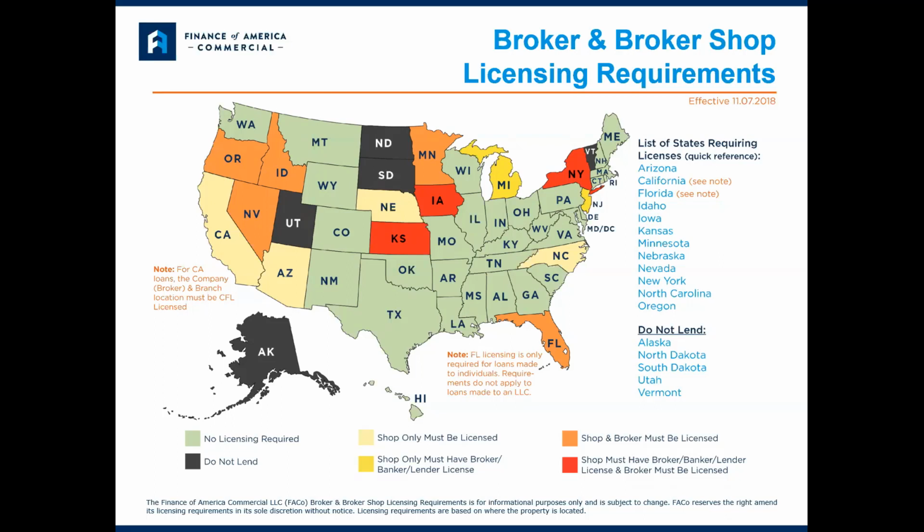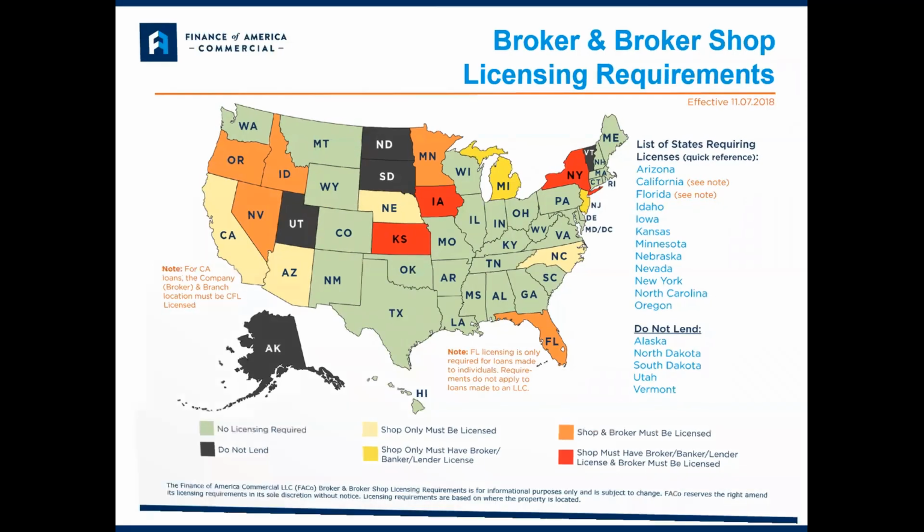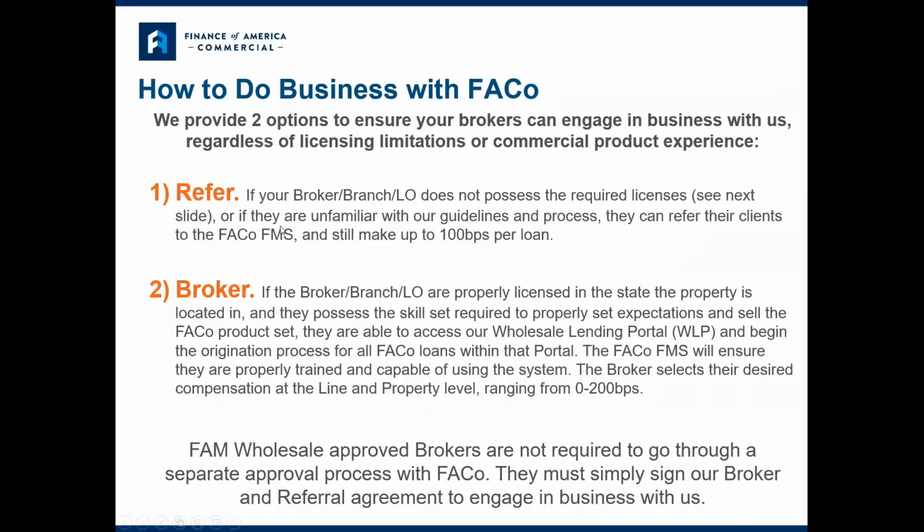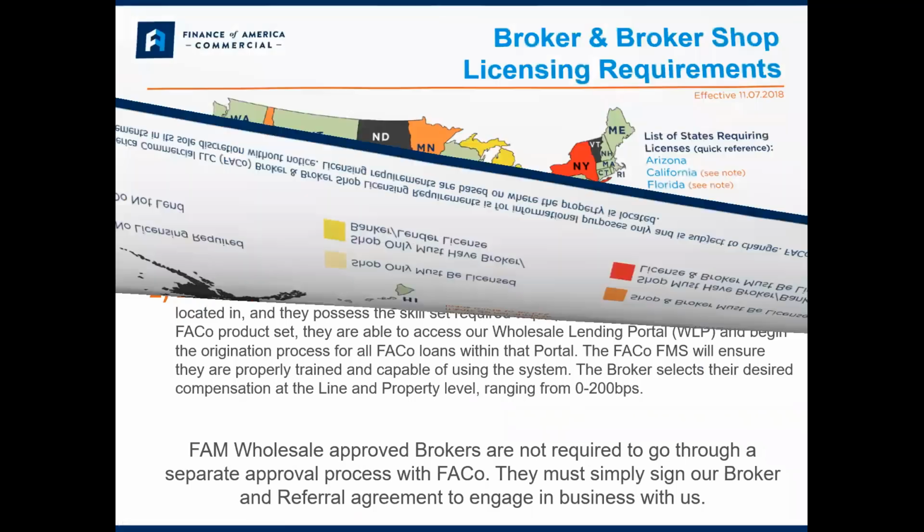So there's some licensing requirements on the commercial side within the state of Kansas. And with that, that's okay. You can still do business. It's just you're going to end up looking at this as far as referring rather than brokering. That's right. So those are the main differences there.